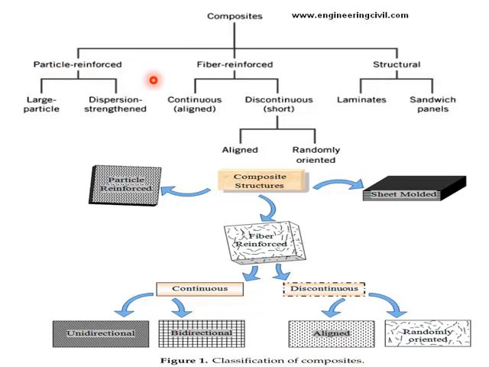When we say particle reinforced, in other words, we call it particulate composites also. In that one we can say large particles and dispersion strengthening, or you can say small particles also. So, depending upon the size of the particle, particle reinforced composites are classified into large and dispersion.